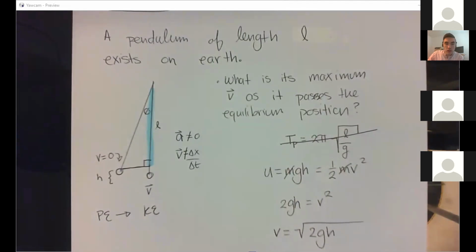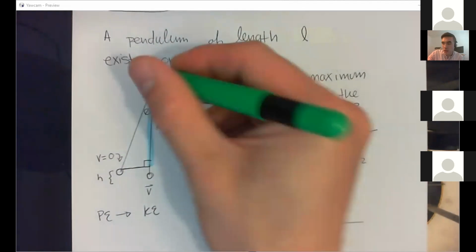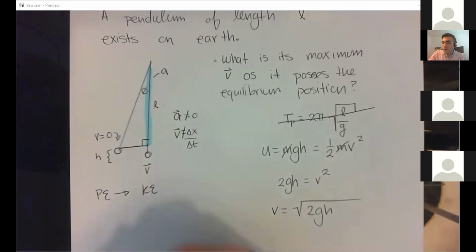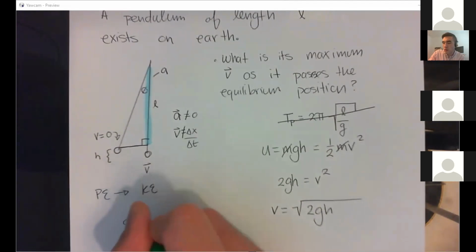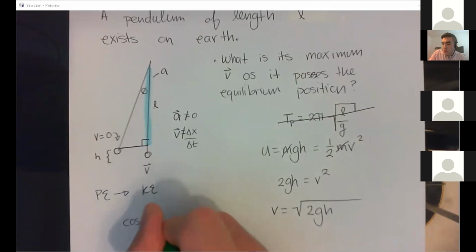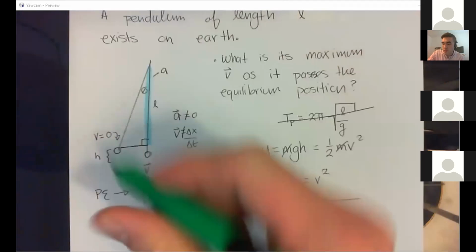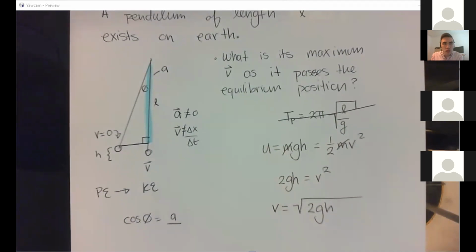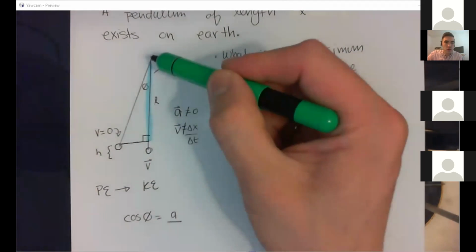So this blue length that I highlighted here, notice it's not the full length L. I'm just going to call this A for right now. This is to say that cosine of theta is equal to adjacent A divided by the hypotenuse. And how long is the hypotenuse of this triangle? How long is it from here to here?